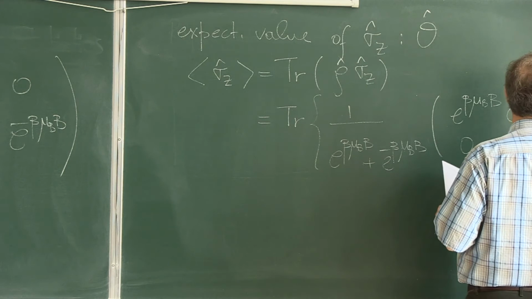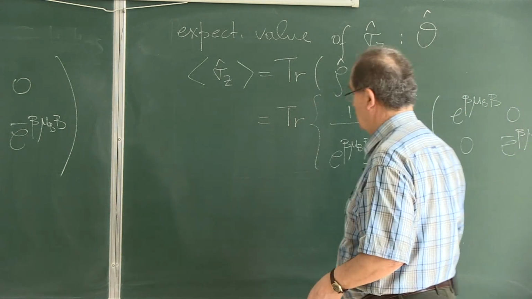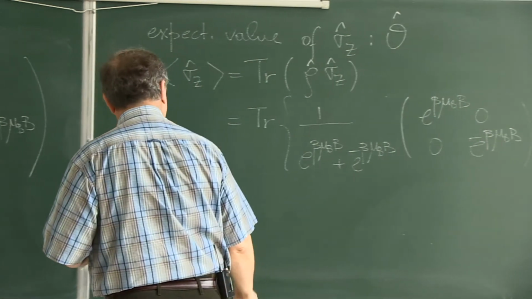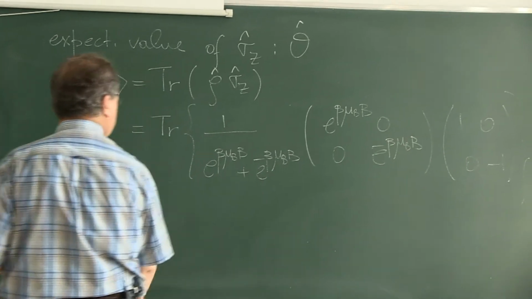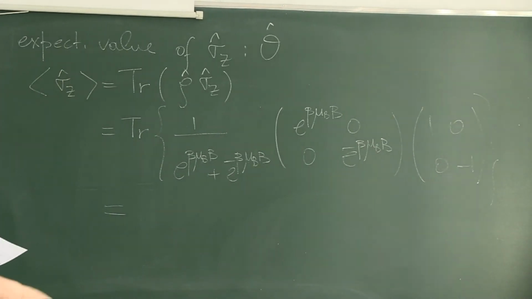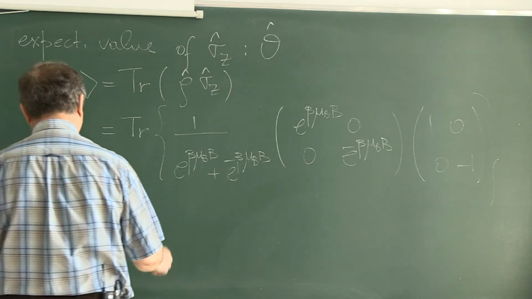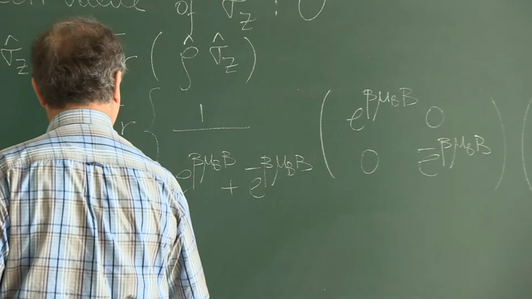This is sigma z. The result is very simple. Multiply the two matrices, you get the following.